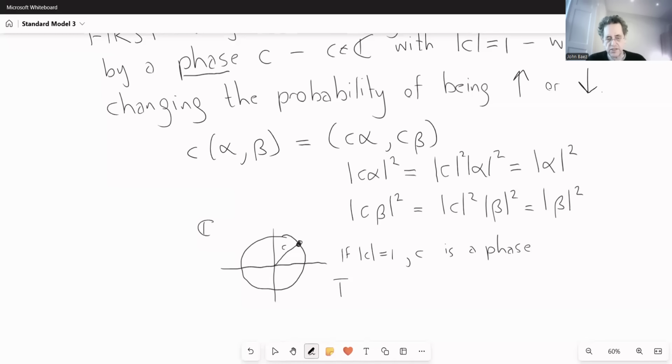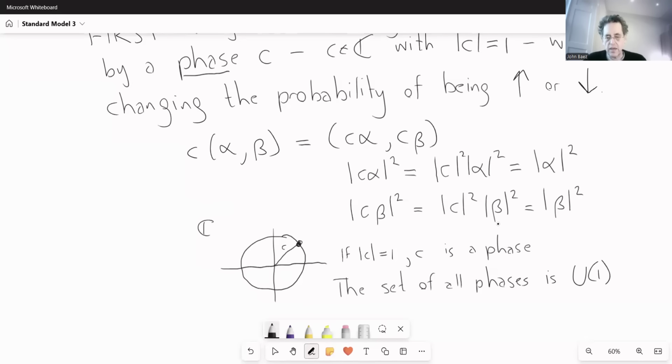And the set of all phases, that is this circle here, has a name. It's called U1. When I began, I listed three different mysterious groups connected to the three forces in the standard model. One of those was U1, and now I'm revealing that U1 is just this circle, the circle of phases.